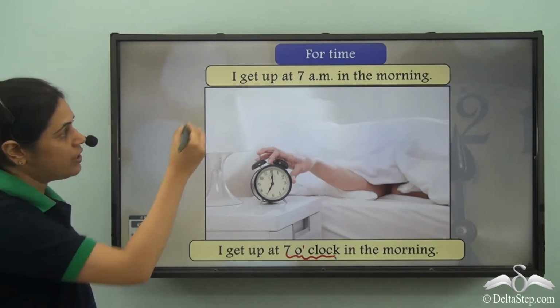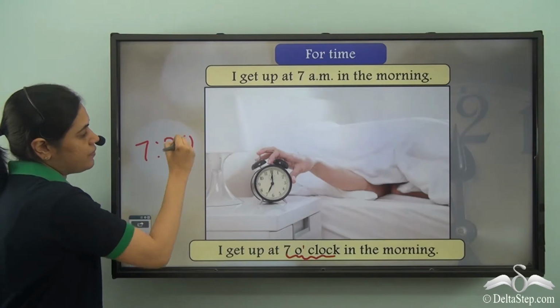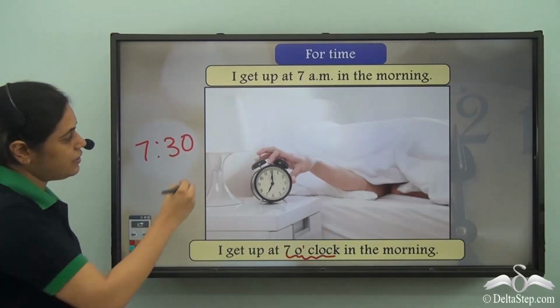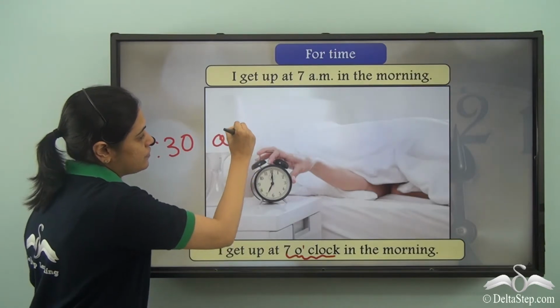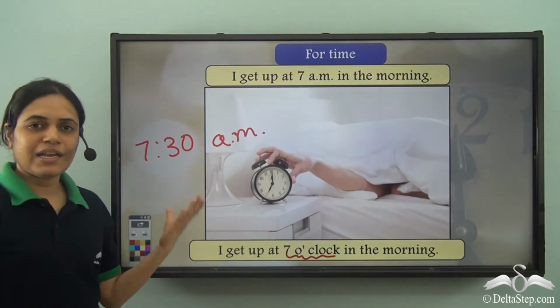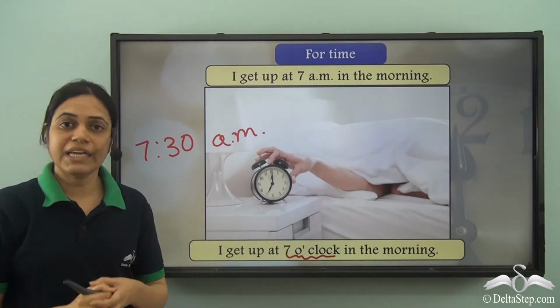Now remember, if it was 7:30 a.m., can I write it as 7:30 o'clock? No, I cannot.